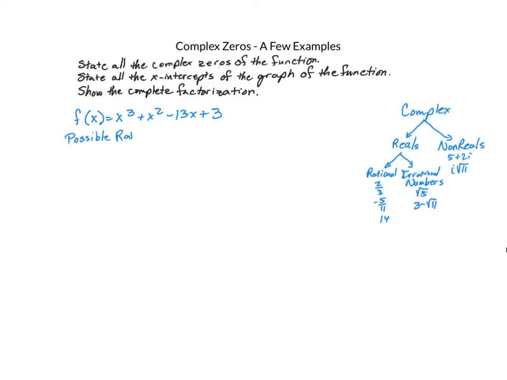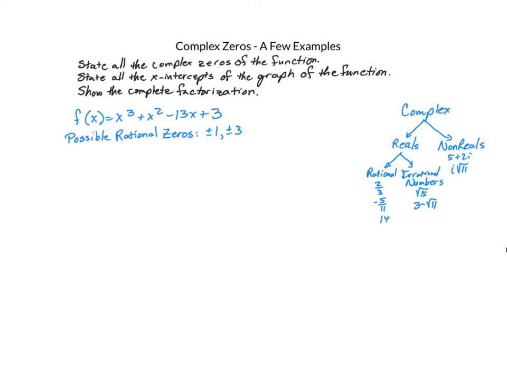If it doesn't have a rational zero, it will be beyond the ability of this video to find them. So we have factors of 3 over factors of 1. So plus or minus 1 or plus or minus 3.